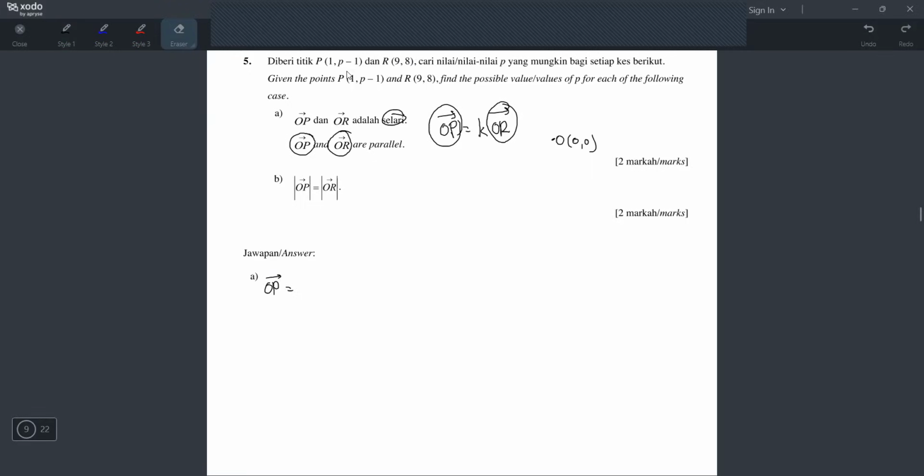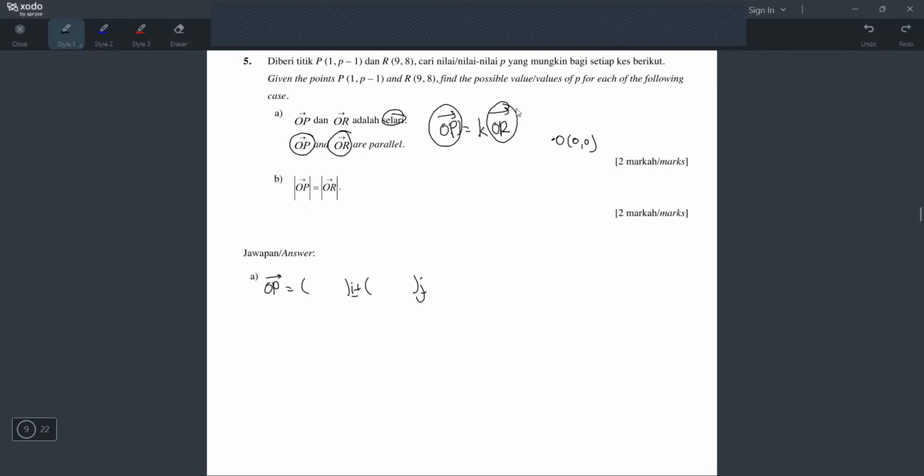Then I have to take R coordinate minus P coordinate to get the vector PR in terms of ij. But I want O to P, so I have to take P coordinate minus O coordinate. But since the O coordinate is 0, 0, what happens when you take 1 minus 0 and p minus 1 minus 0? You will just end up with 1. So your vector will be in terms of ij, right?